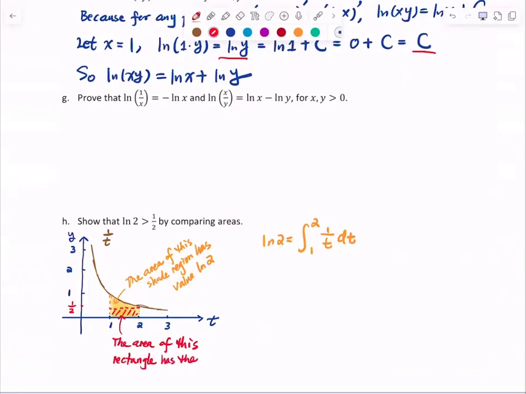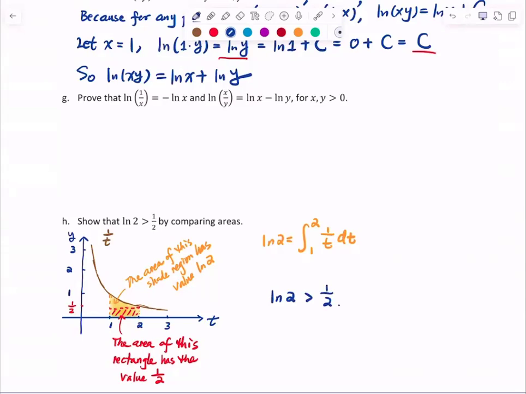That's the value 1/2. So you can see that ln of 2 has a value that's greater than 1/2.